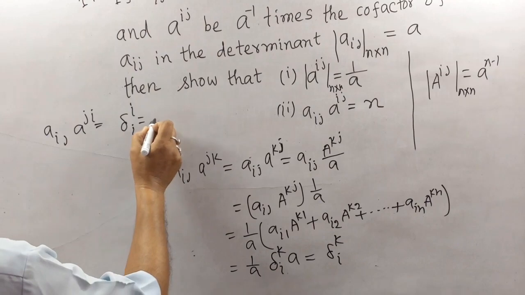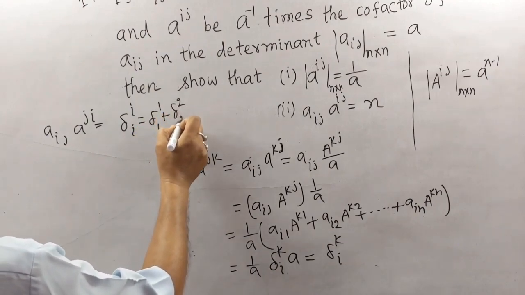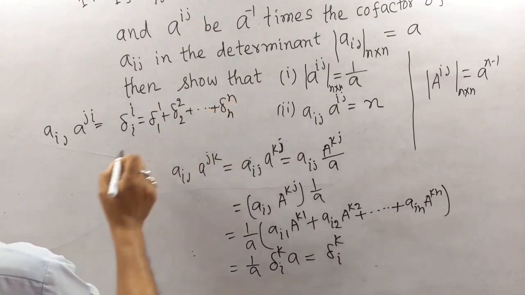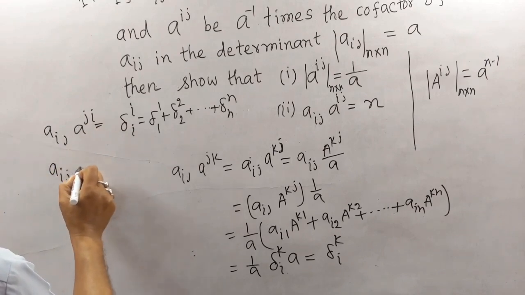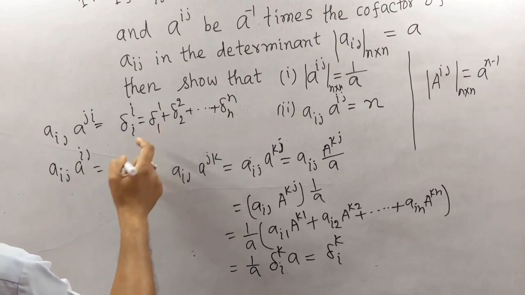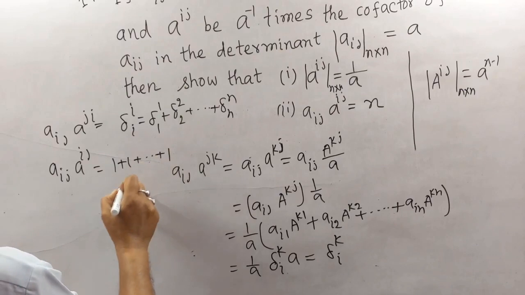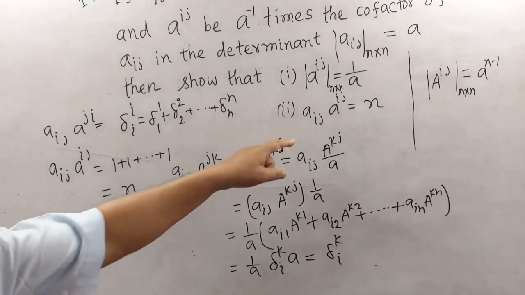This will be delta_1 plus delta_2 plus delta_n. This side is symmetric, so we may write A_ij equal to, the value of this is 1 plus 1 plus 1, n numbers of 1. This is n. So the second problem is put.